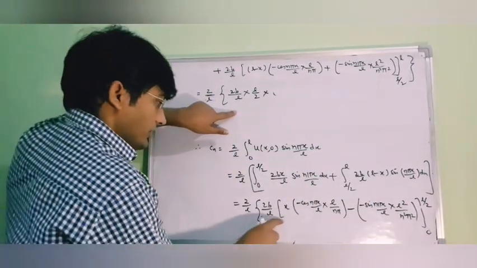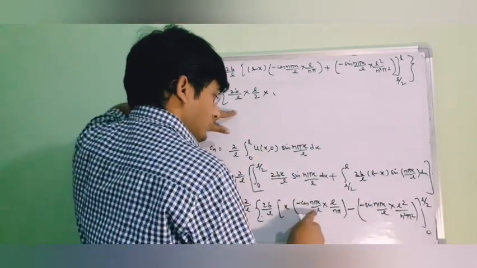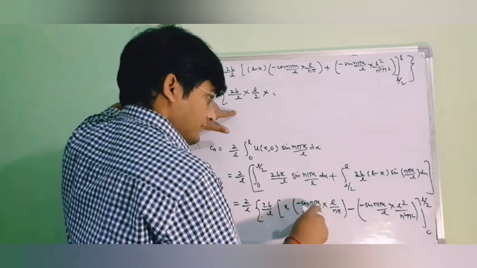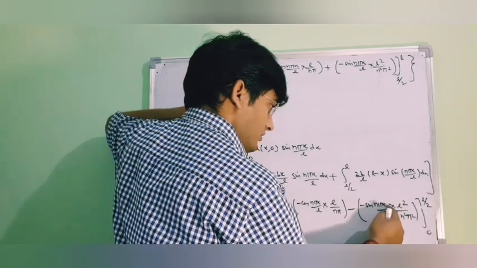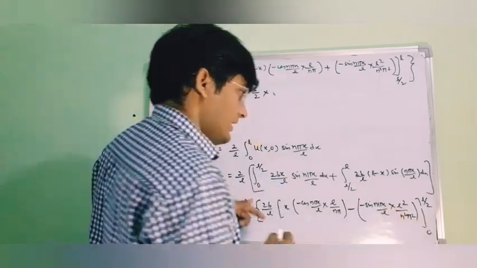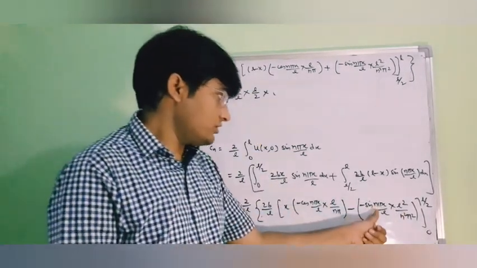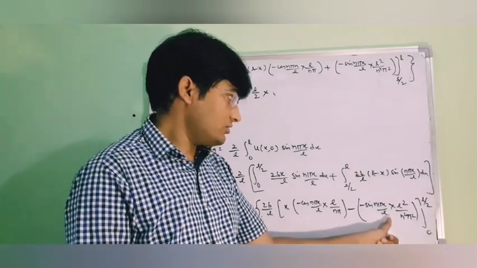So we will have 2b upon L, then the value of x is L by 2, and again here if your x is L by 2, then this will be your sine n pi by 2, so this term will get adjusted.